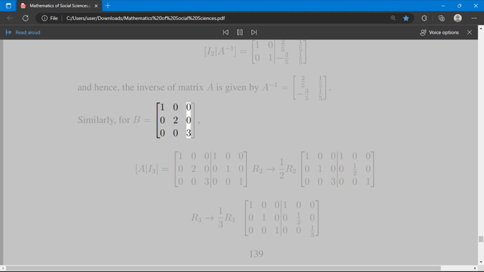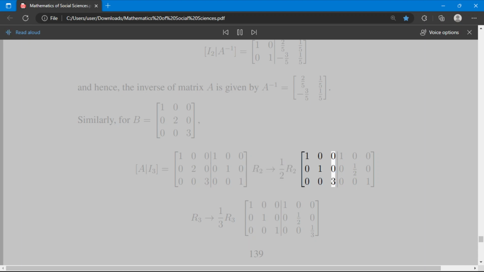Similarly, for B equals 1 0 0 0 2 0 0 0 3. B I3 equals 1 0 0 0 2 0 0 0 3 1 0 0 0 1 0 0 0 1.